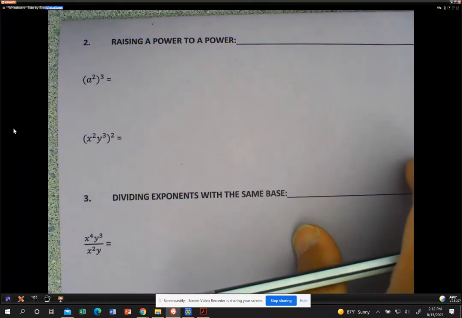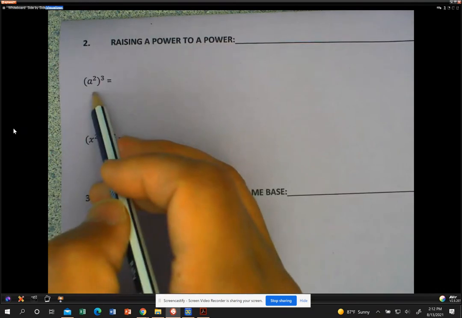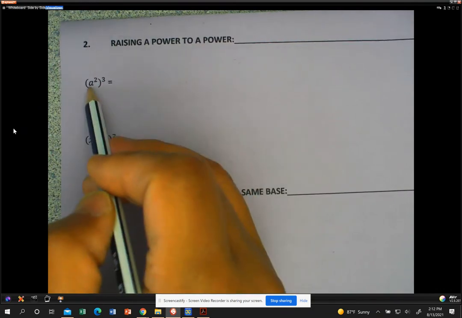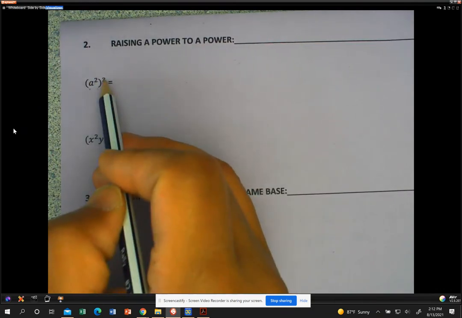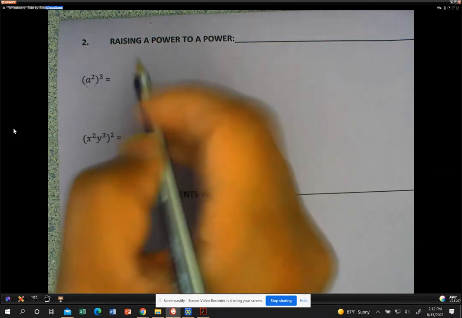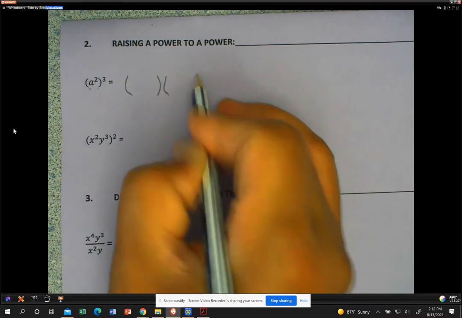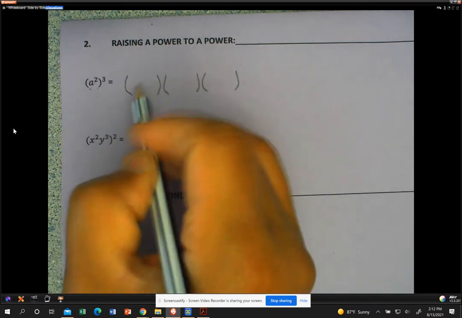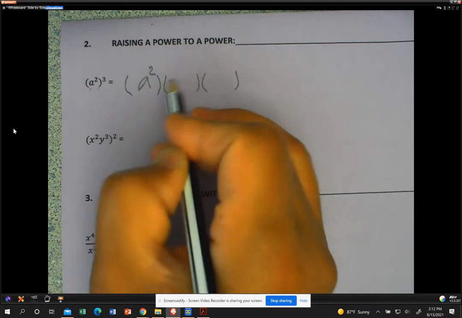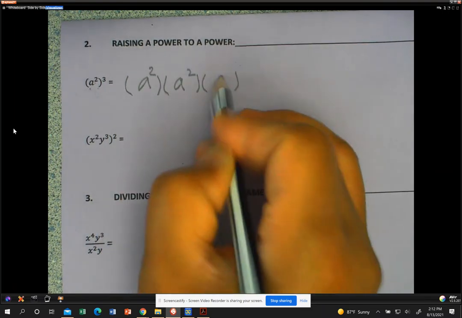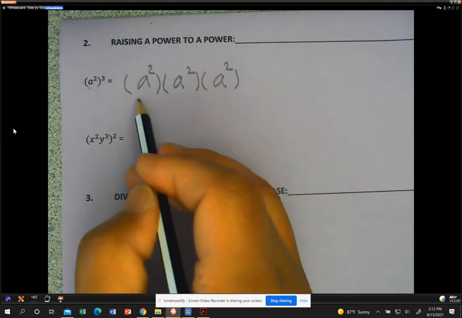All right, so this one, remember we talked about parentheses? If you have a squared within the parentheses to the 3rd power, what does it mean by having that parenthesis as a 3rd power? You have a total of 3 of them. So we have a to the 2nd, a to the 2nd within the parentheses. But what does it mean by a to the 2nd?